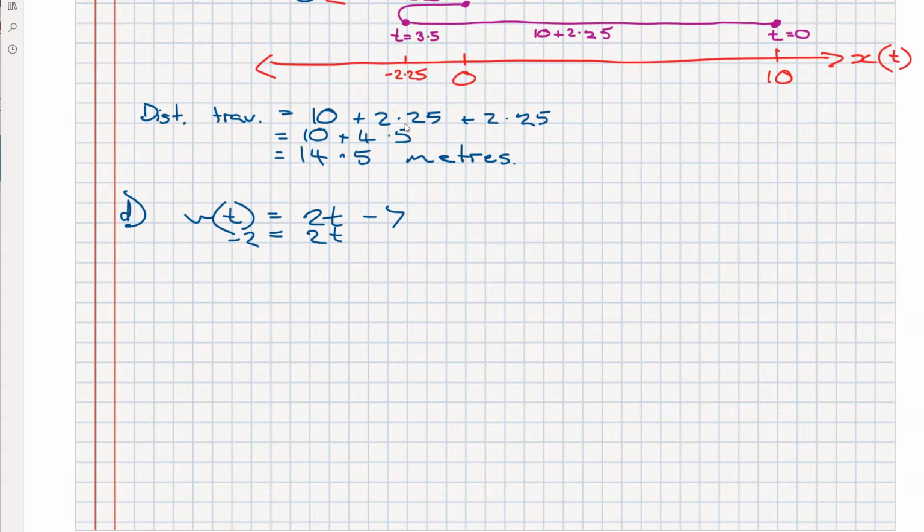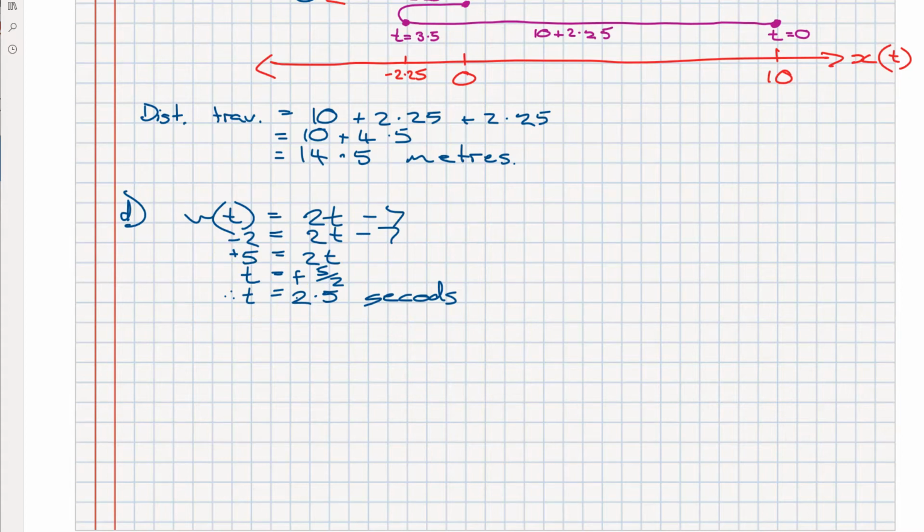So simply set the left hand side to -2 and solve for t. I've got to add 7 to both sides here, so that's 2t equals 5, and therefore t is going to equal 5 divided by 2. Therefore t is going to be 2.5 seconds. So at 2.5 seconds, the velocity is going to be -2 meters per second.